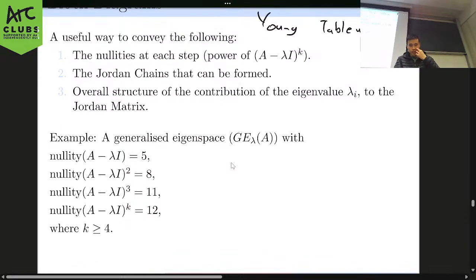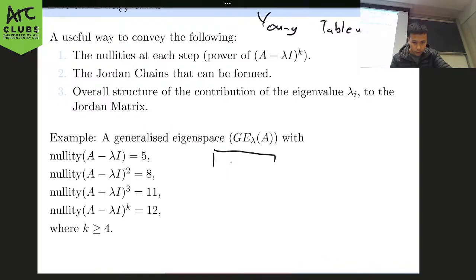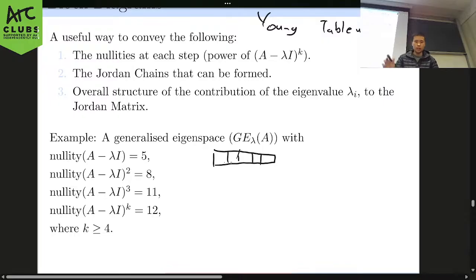So the eigenspace, all these nullities here. The nullity is 5. Then we're going to have, yeah, I drew too many. I actually can't count. Take this. So a nullity of 5 is like that. You go up one more level.